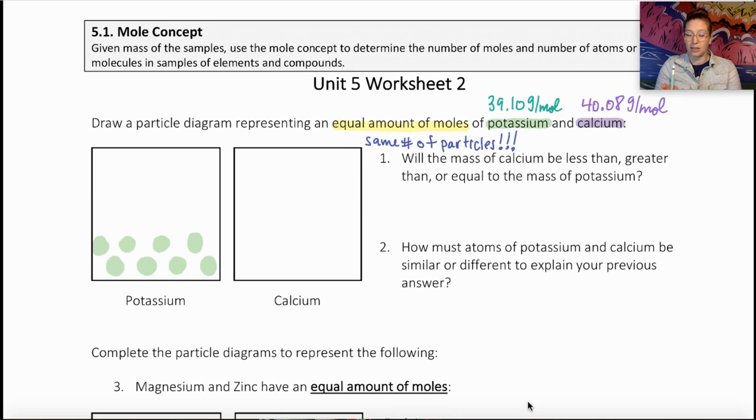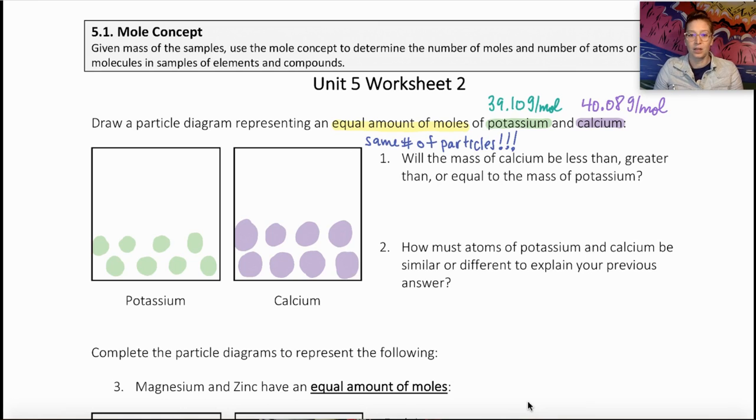I can see based on the molar mass that the calcium particles are a little bit more massive. So I'm going to try my best to show that they're a little bit larger, but I want to make sure that I am showing the same number. So again, I used 8 particles in my potassium, so I want to use 8 particles for calcium.